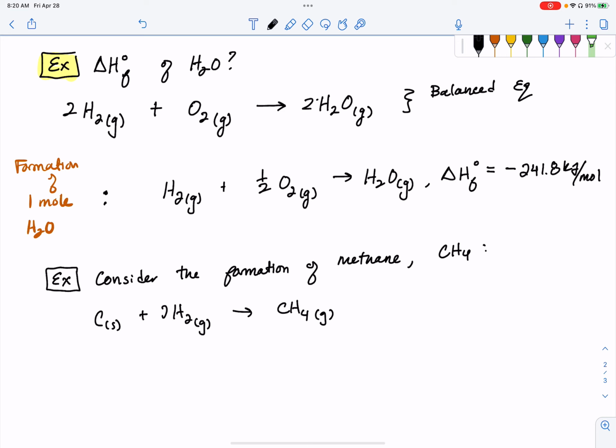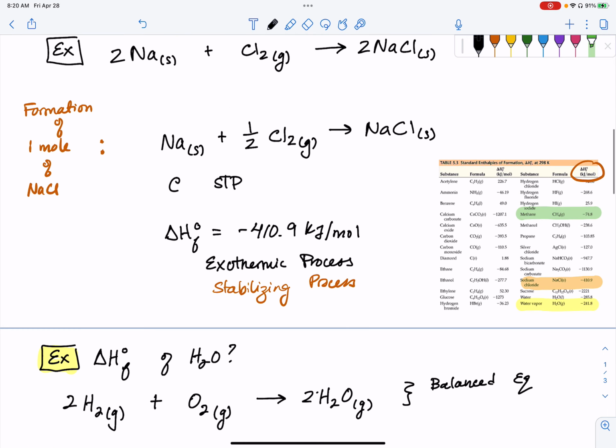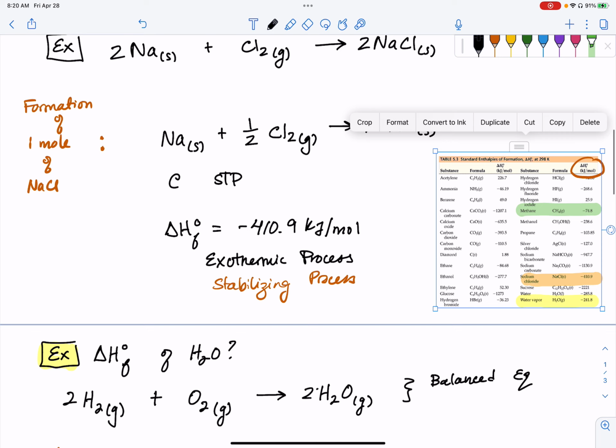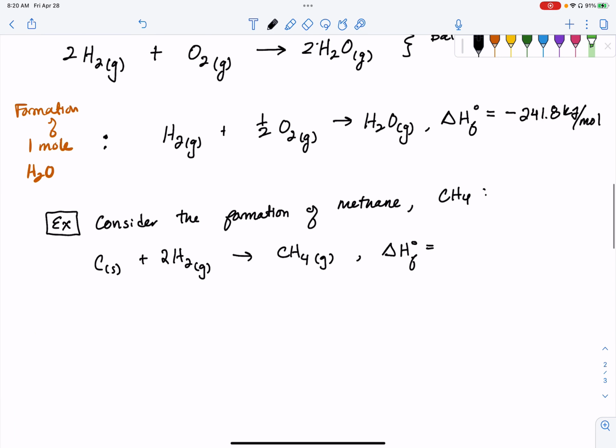To balance, I need to double my hydrogens. That leaves me with 1 mole out front here, so I don't need to manipulate my coefficients. And I know from my table that the standard heat of formation, meaning if I were to form 1 mole of methane gas at standard conditions, would be negative 74.8 kilojoules per mole.